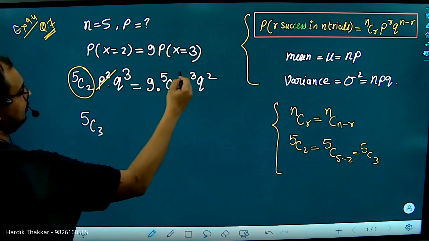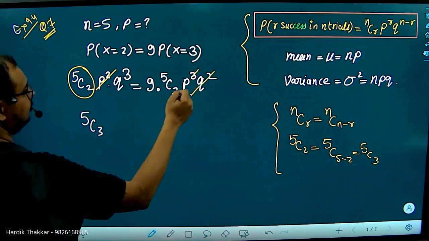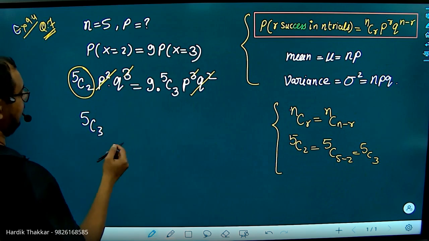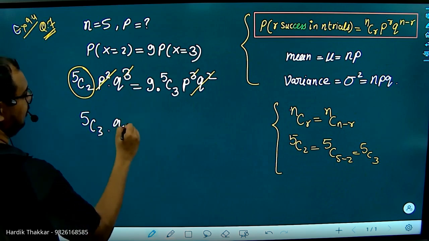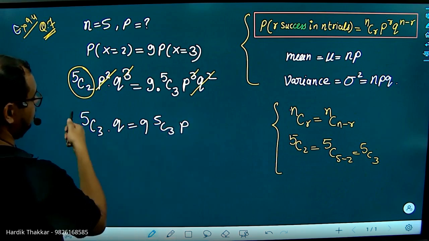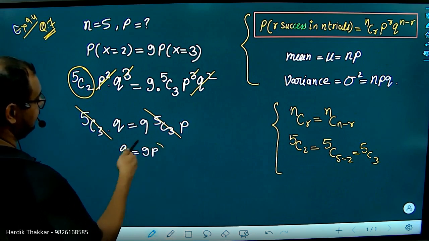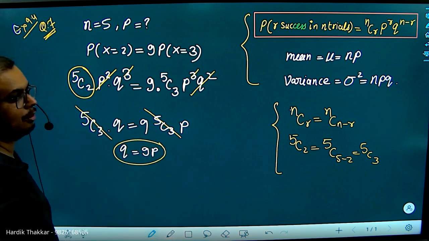The p square and p square from here can be cancelled out. Q square from here and q square from here, we can cancel these two terms. So q is equal to 9 times 5C3 p. Okay, so this 5C3 and this 5C3 get cancelled. So q is equal to 9p. This is the relation between p and q.